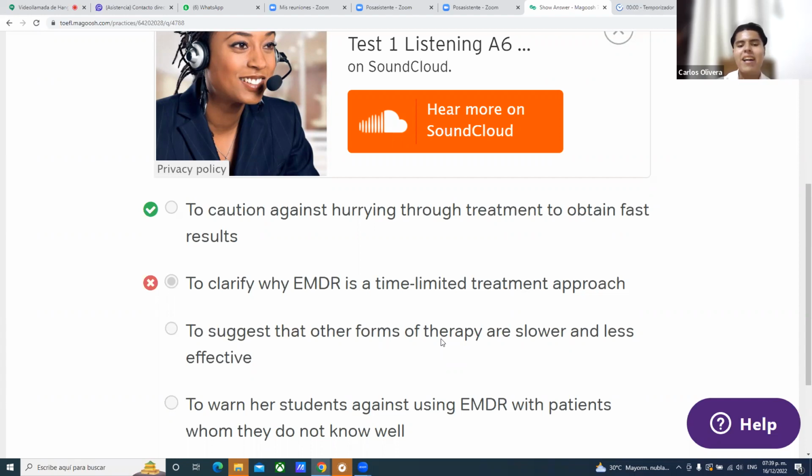EMDR is not time limited because she's not saying you can merely perform this, let's say, for 2 months, or you can merely perform this when the person is in the spectrum of 18 years old until 25 years old. But she's saying you shouldn't worry that this technique or treatment takes a long time sometimes, because the speed in which you obtain the results is not always the important thing. It's about fulfilling and serving the necessities of your client, right? So it's cautioning about the worry and the concern about velocity.